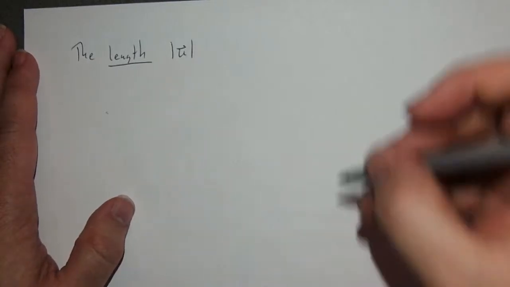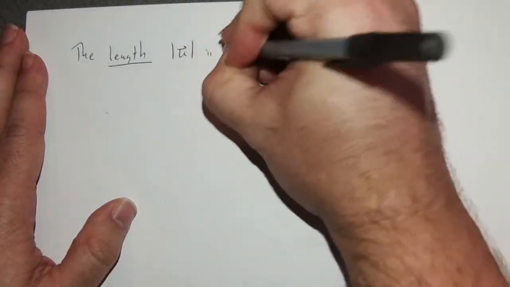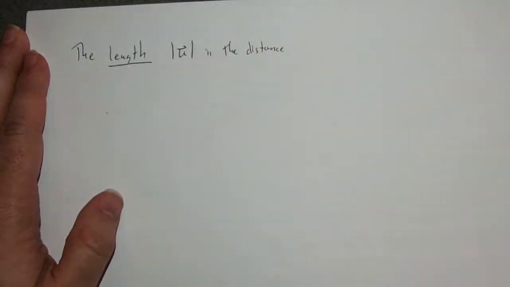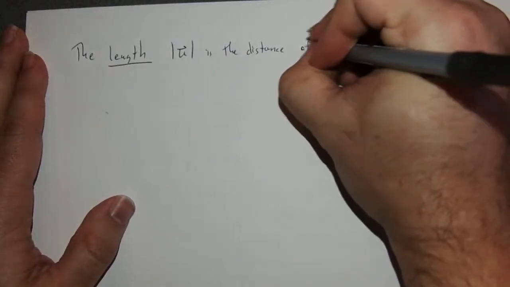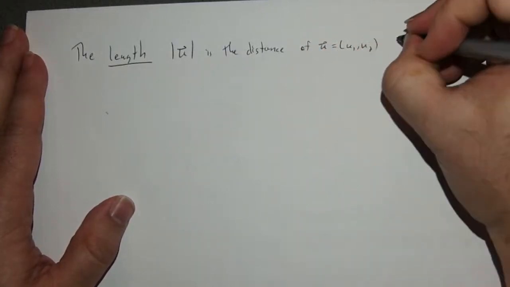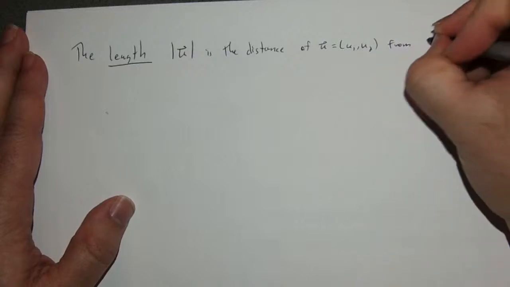So the length of u is the distance of u, which has components u1, u2, from the zero vector.